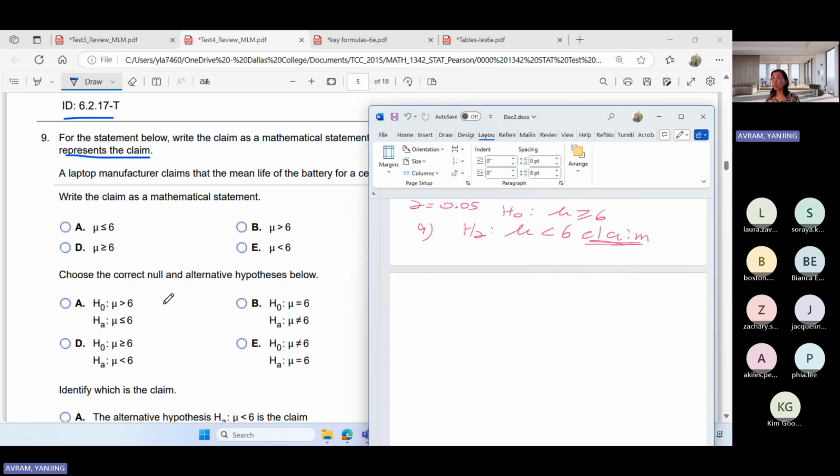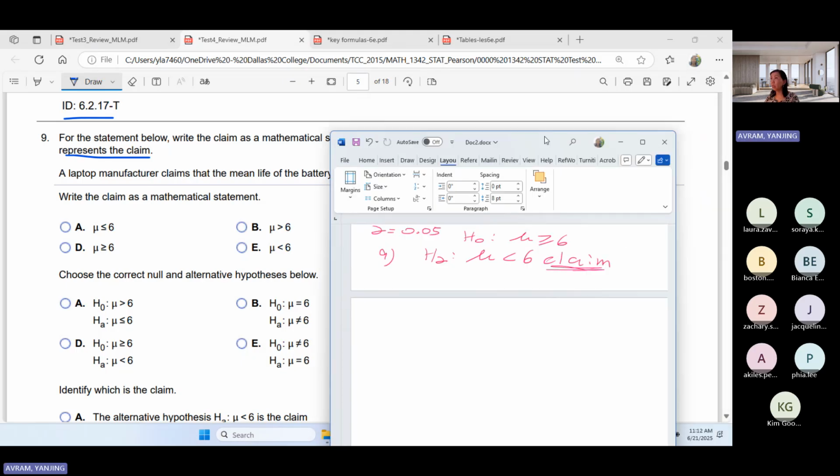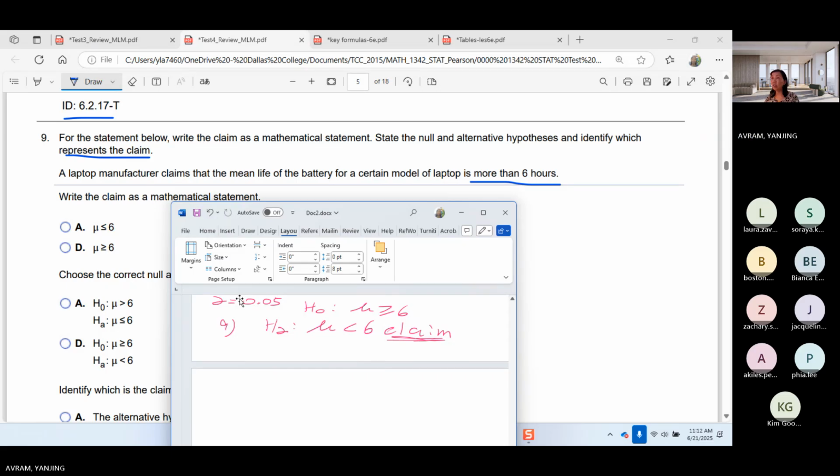And the correct null and alternative: the null should be greater than or equal to 6, and then this one will be less than 6. Oh, I'm sorry, I take it back. I probably got it wrong. Sorry about it.